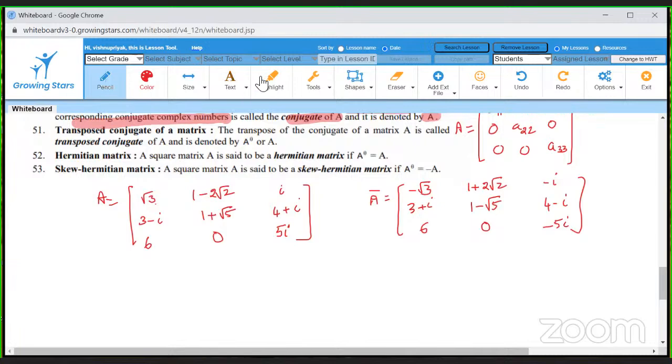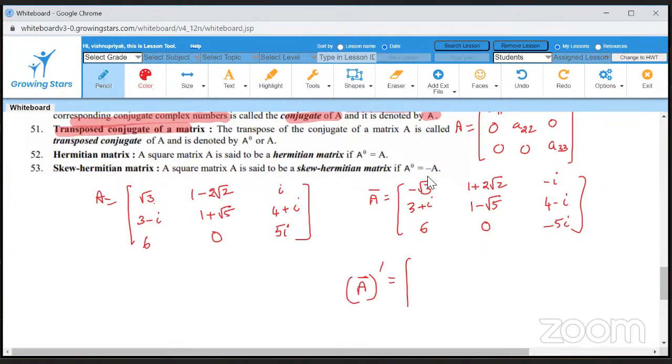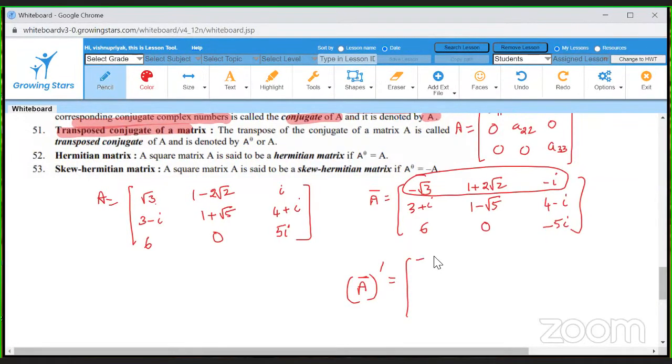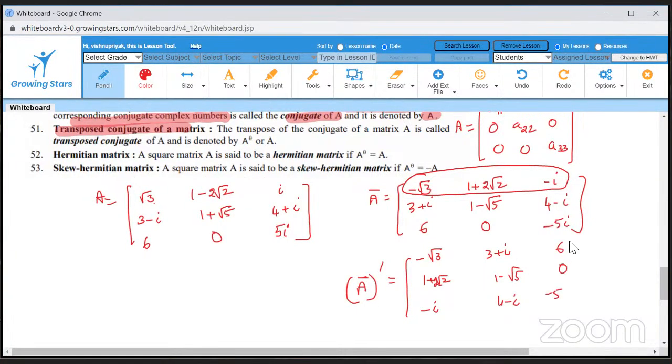Transposed conjugate matrix means what? You have to take the conjugate matrix and take the transpose. That means the first row you will write as the first column: minus root 3, 1 plus 2 root 2, and minus sign. Second row, 3 plus I, 1 minus root 5, 4 minus I. Third row, 6, 0, minus 5.